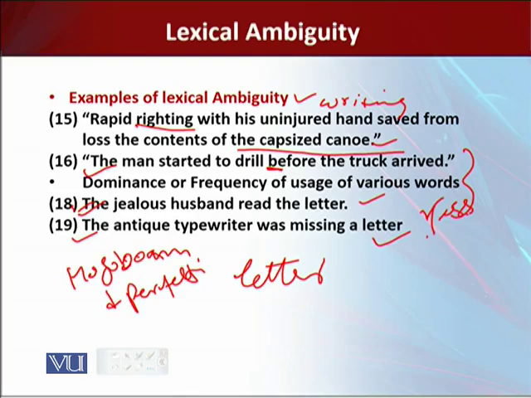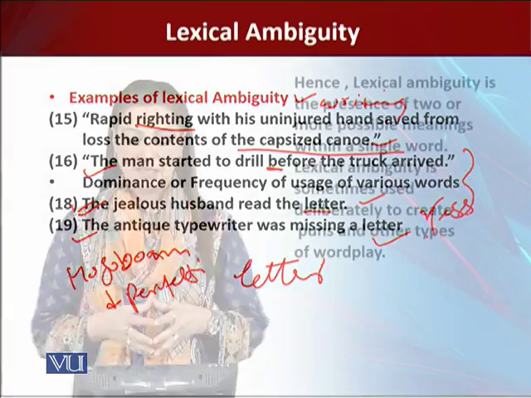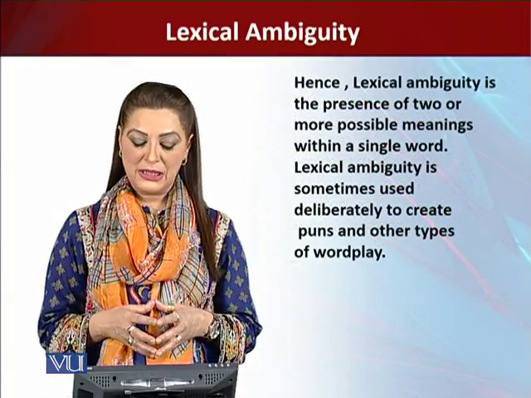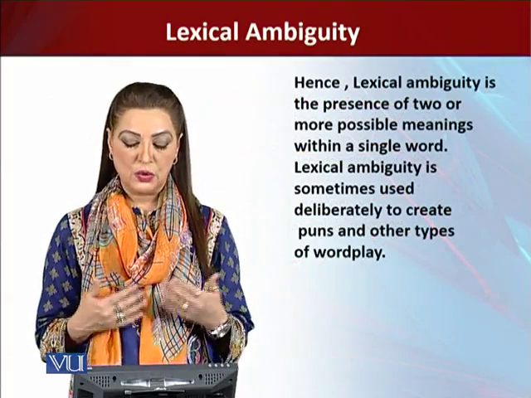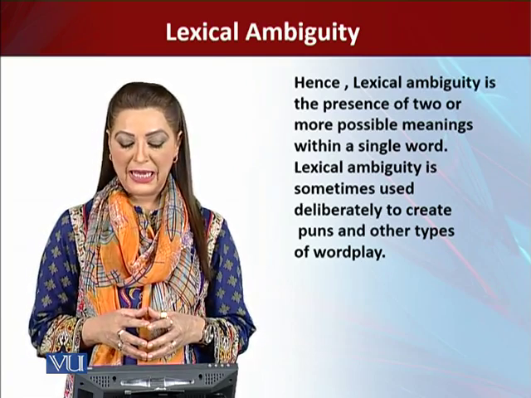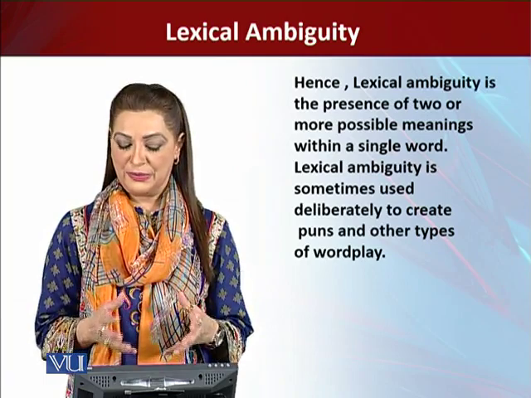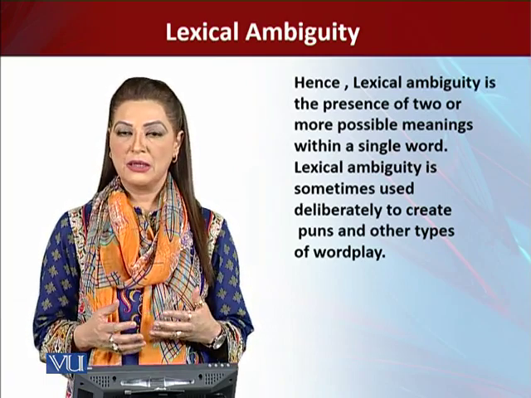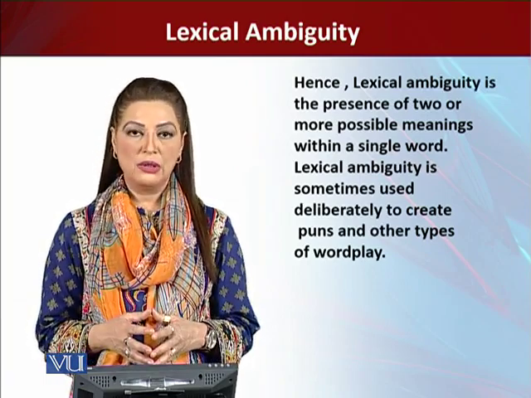So it may be difficult to find the second meaning of the word here. Hence, lexical ambiguity is the presence of two or more possible meanings within the same word, and it is sometimes used deliberately to create a pun or wordplay.